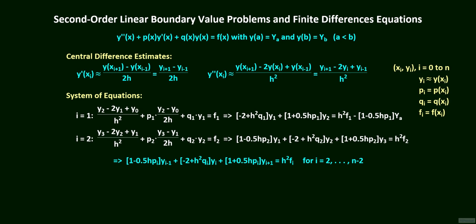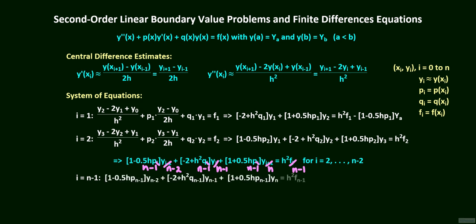This equation still applies to the index i equals n minus 1, so that replacing i by n minus 1, we have the following equation. y sub n is y of b, or uppercase y sub b.